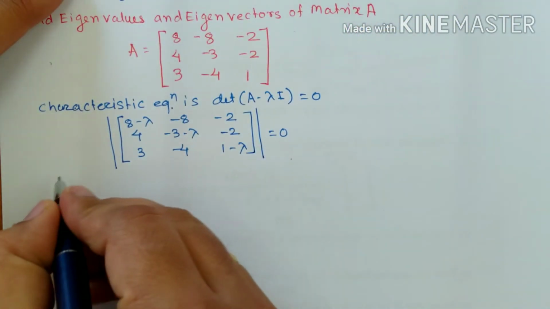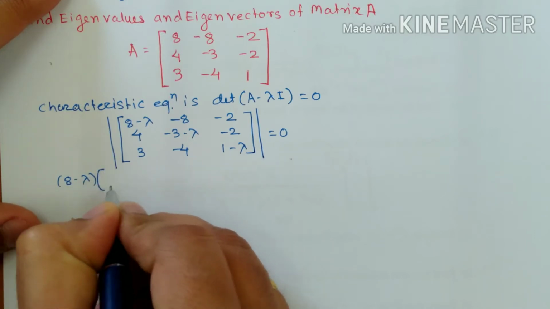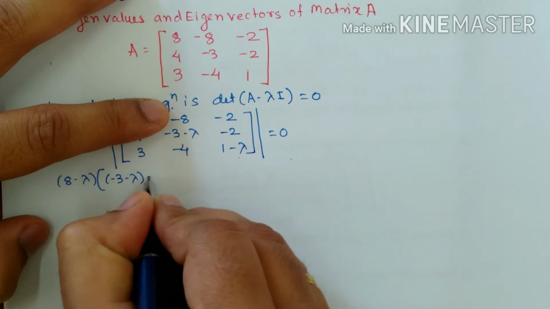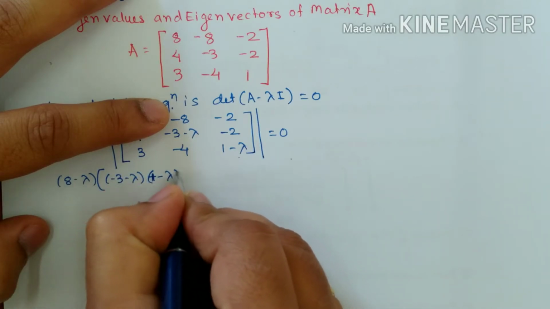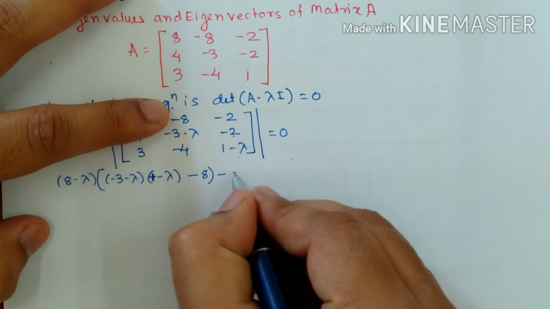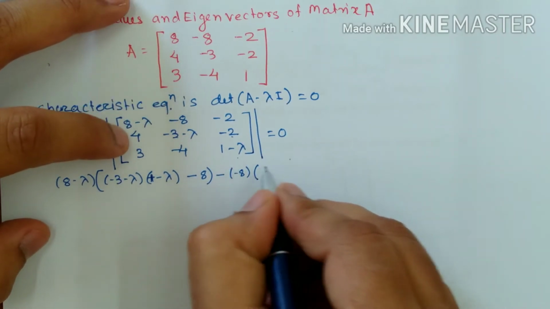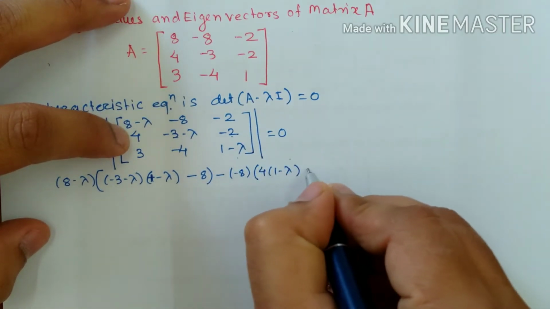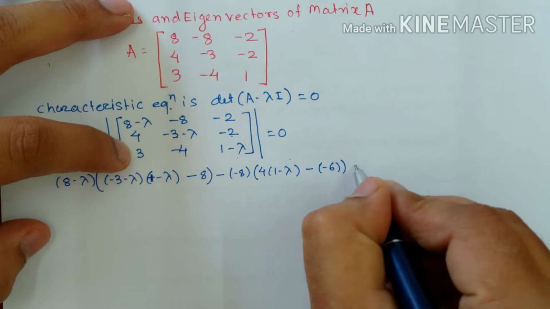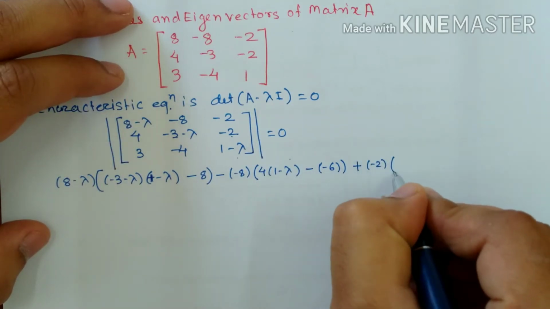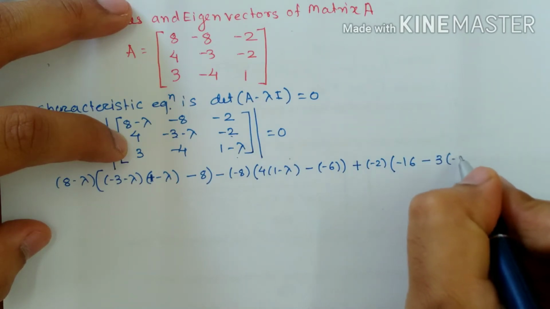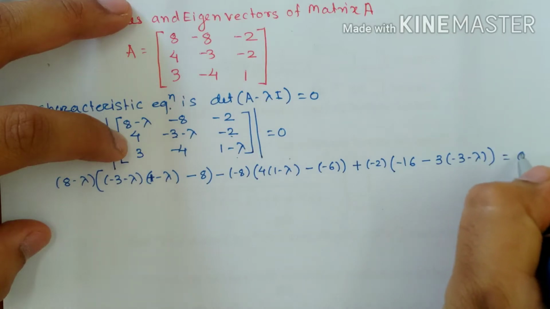Now solving this determinant, we get (8 minus lambda) into bracket (minus 3 minus lambda) into (1 minus lambda) minus 4 into minus 2, which gives plus 8; the next term is minus 8 into bracket 4 into (1 minus lambda) minus 3 into minus 2, that gives minus 6; plus minus 2 into bracket 4 minus 4, that gives minus 16, minus 3 into bracket (minus 3 minus lambda), is equal to 0.